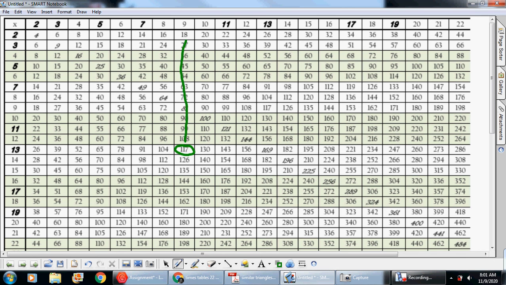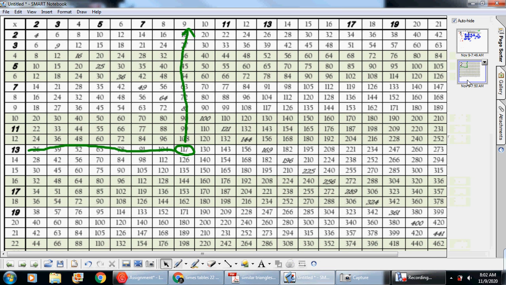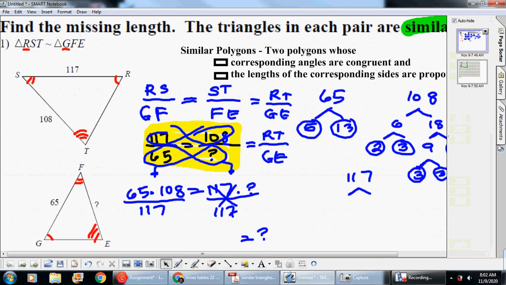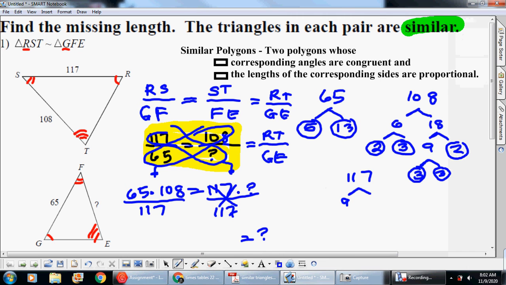Look straight up, and 9 will be a factor, and it's not prime. And 13, it is prime. So go back to our problem. So it's 9 and 13. And 13 is prime. Factors of 9 will be 3 times 3.